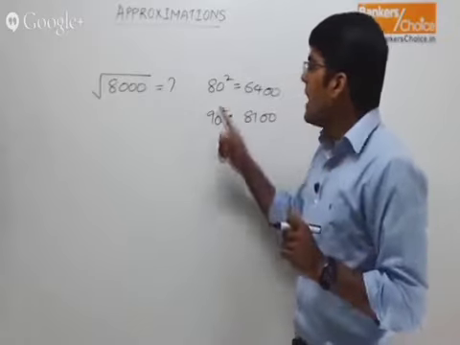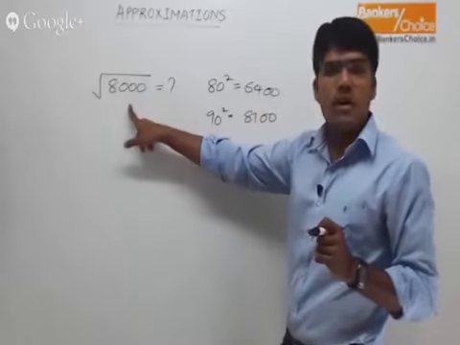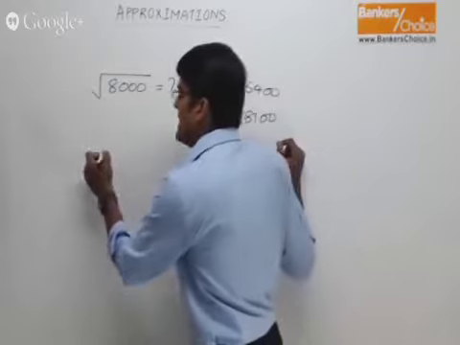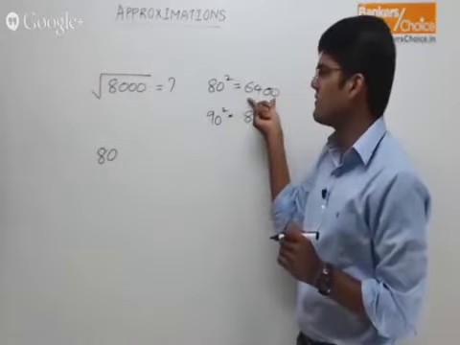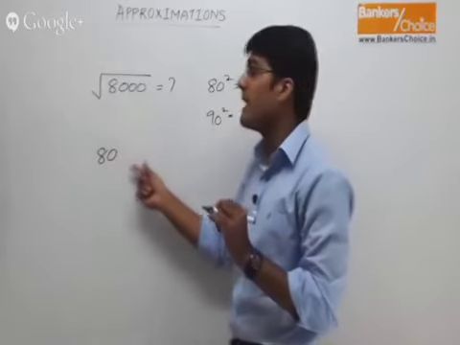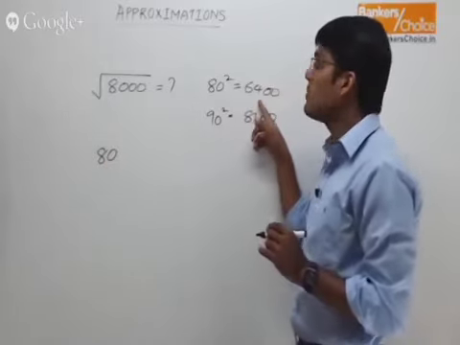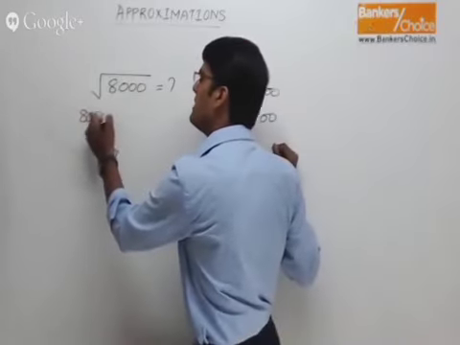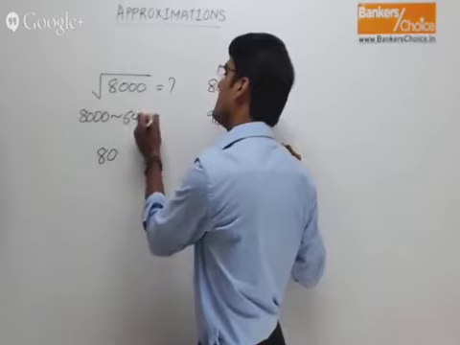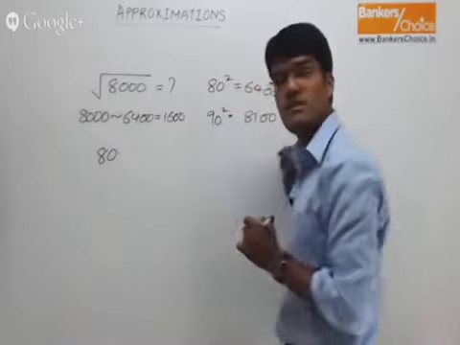Look at this. I know that 80 squared is 6400, so let's take 80 outside. Are you able to follow? Now understand, 8000 is how much more than 6400? What's the difference between 8000 and 6400? It is equal to 1600.